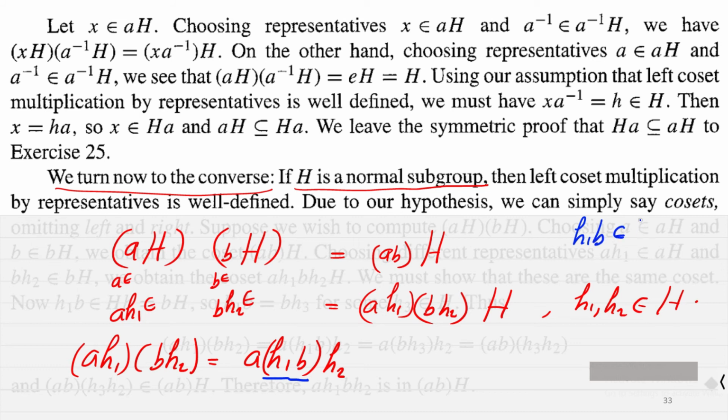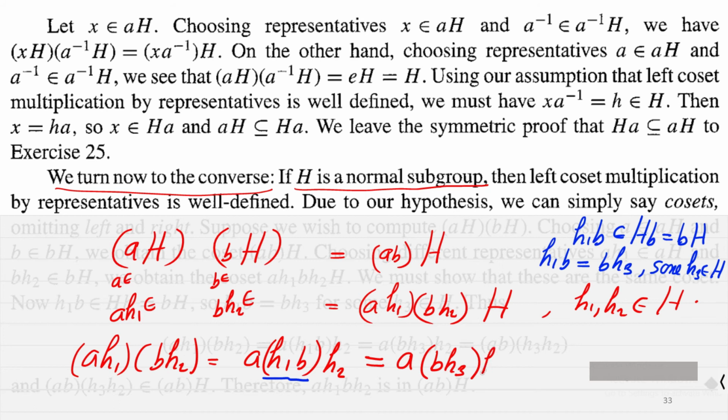Now h1b is a member of the set Hb, which is the same as bH since H is a normal subgroup. That is, you can replace h1b with bh3, where h3 is an element of capital H. So modifying our product here, we can rewrite it as a times bh3 times h2, which is the same as ab times h3h2, and clearly it is a member of the coset abH.